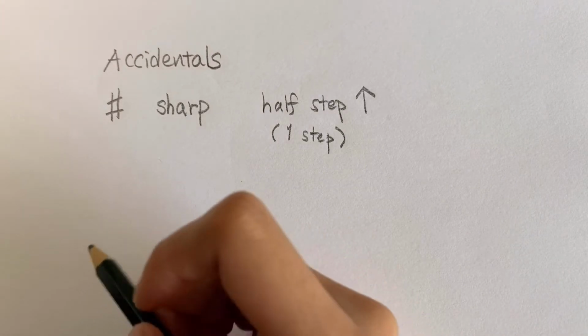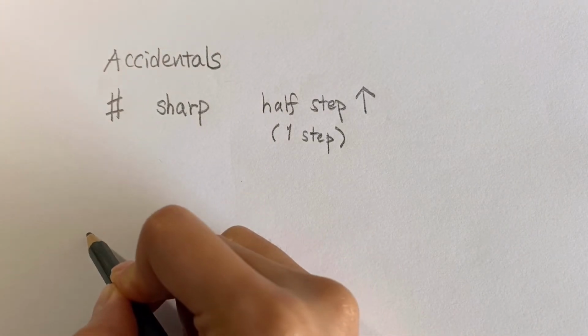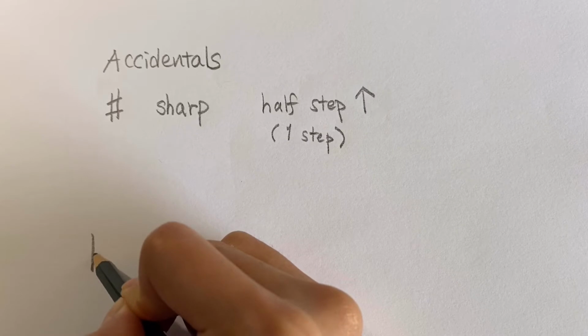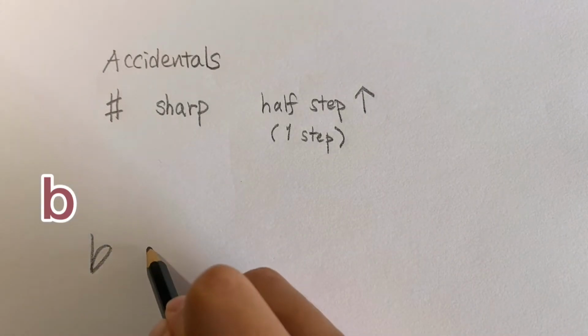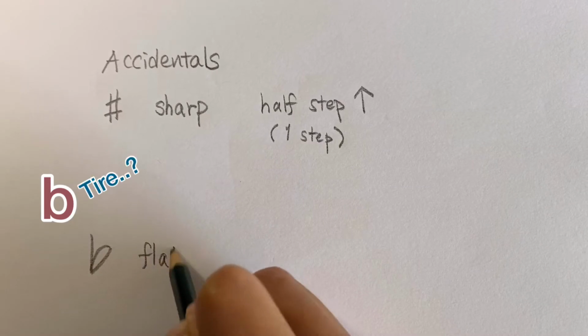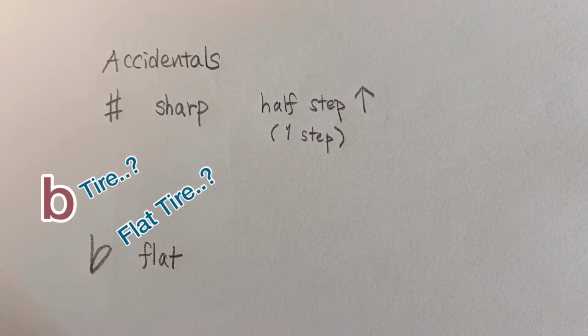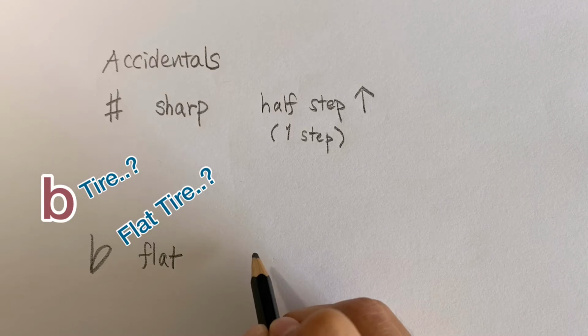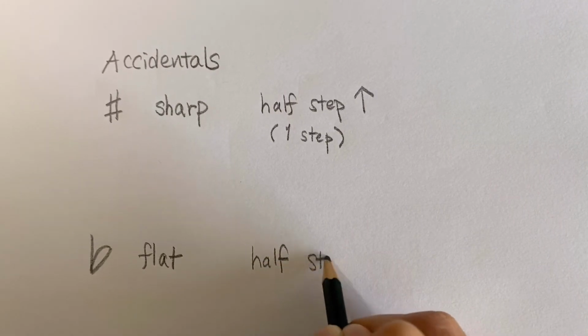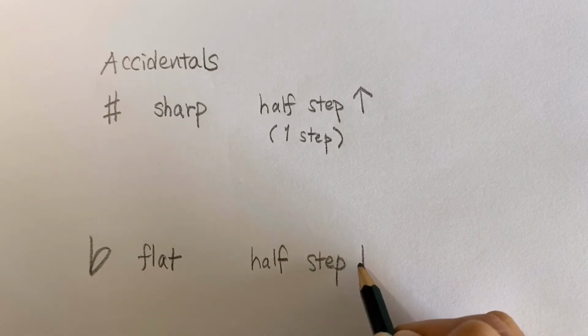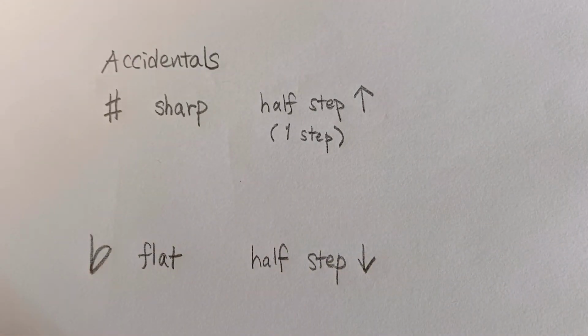Next is flat. Flat looks like the lowercase letter b, but the shape of the circle looks different, so it looks like a flat tire. So this is flat, and the pitch of the note gets a half step lower by flat.